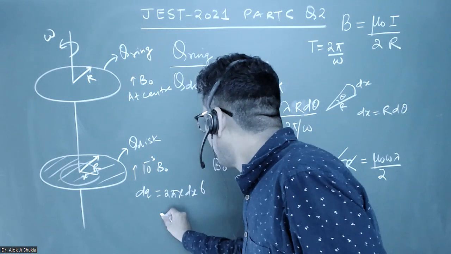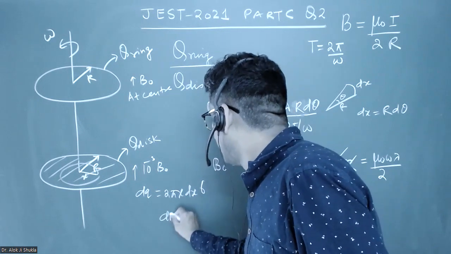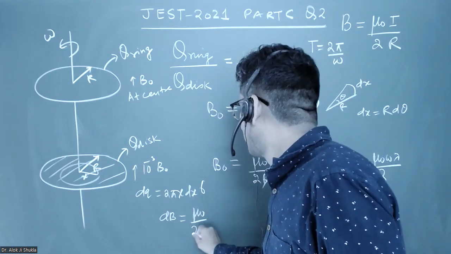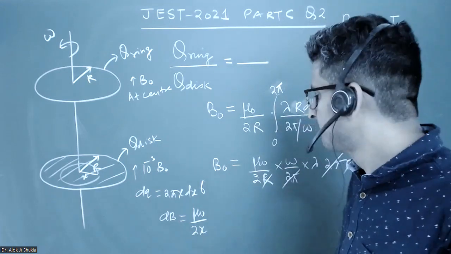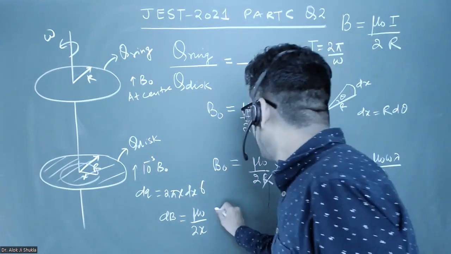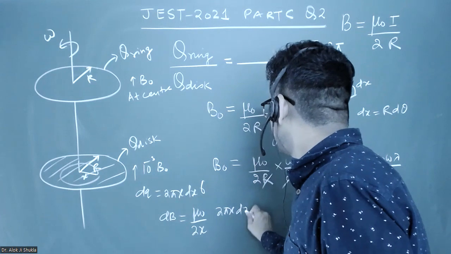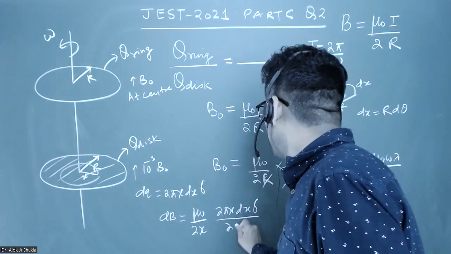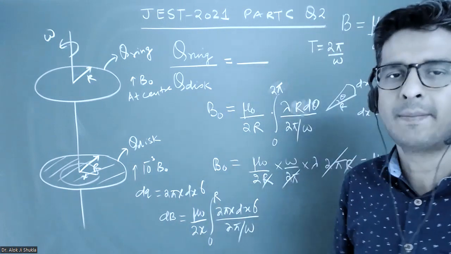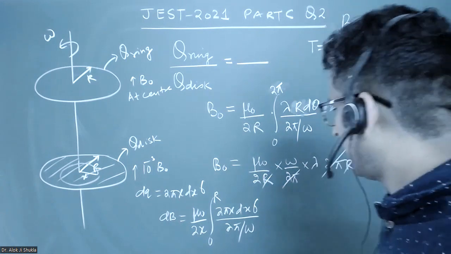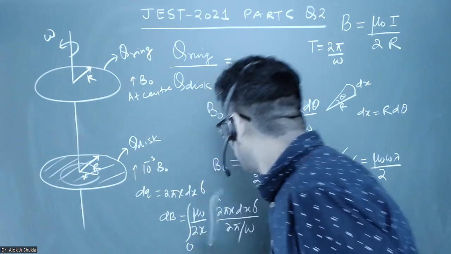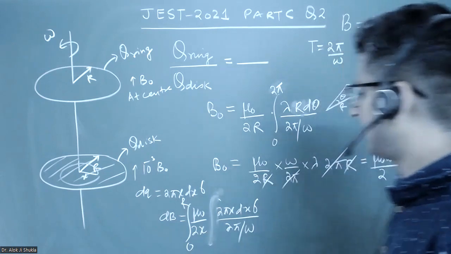For that, a small magnetic field dB will be equal to mu naught over 2 into x, because that is the radius, and into the current. The current will be 2 pi x dx into sigma divided by 2 pi by omega, with the integral from 0 to capital R outside for the limit of x.